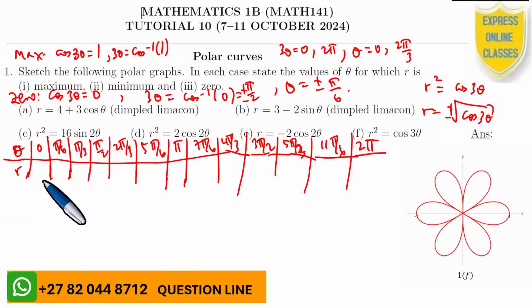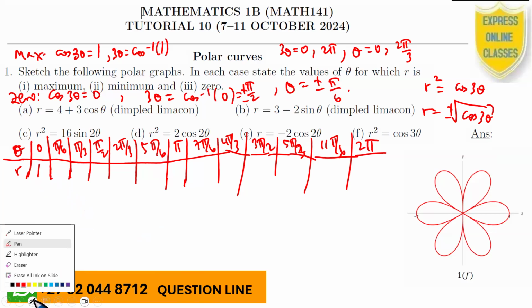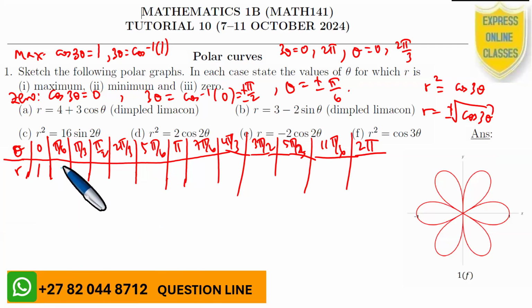So when this is 0, then it is 1. Square root. This one is going to be 0. You put this one. And then this one is going to be non-real. 3 pi over 2 is going to be 0. 2 pi over 3 is going to be a 1. 5 pi over 2, 0.